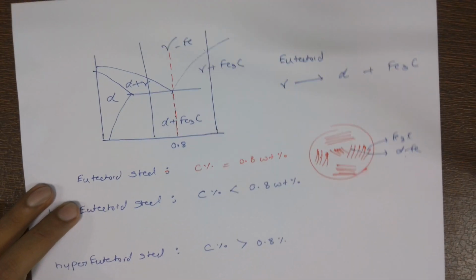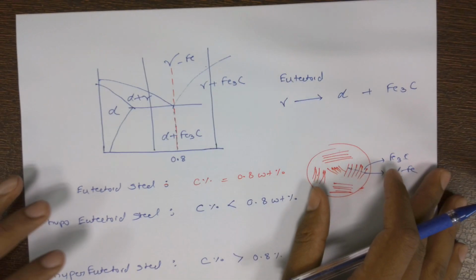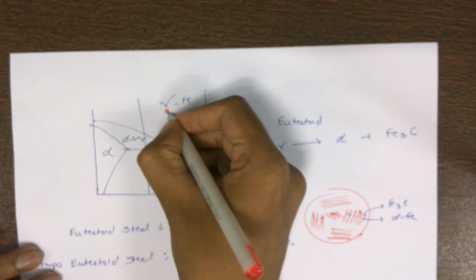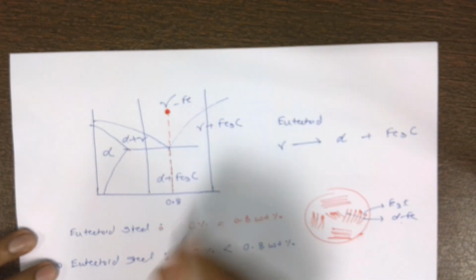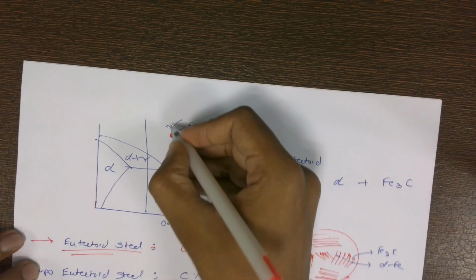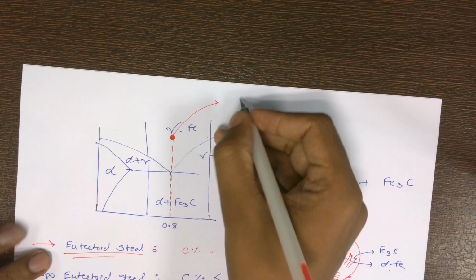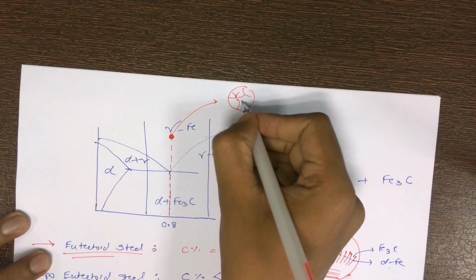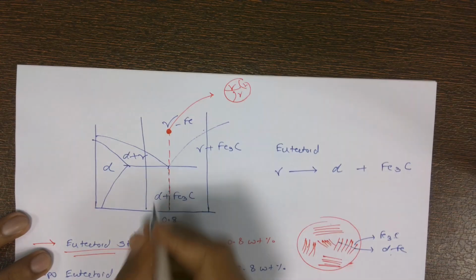So now let's see how the microstructure evolves over here. If we talk about this particular point, in the case of eutectoid, we are getting the microstructure entirely consisting of gamma at this particular temperature.